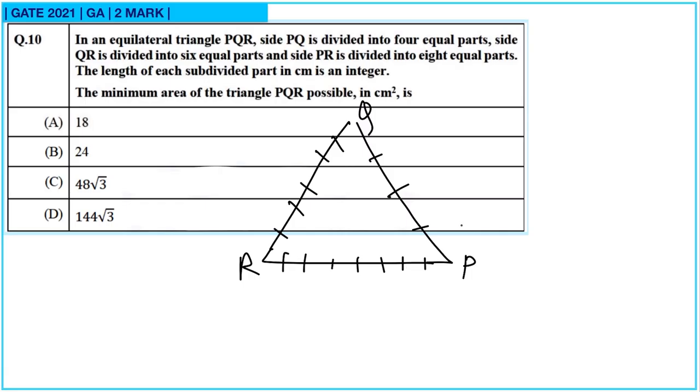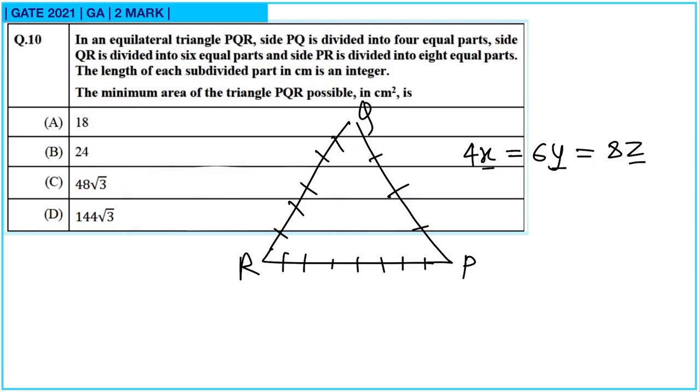The length of each subdivided part in centimeter is an integer. So this part, that is 4x, that will be equal to 6y, that will be equal to 8z. The minimum area of the triangle PQR possible in centimeter square is. The condition is x, y and z all are integers and we have to find those integers.